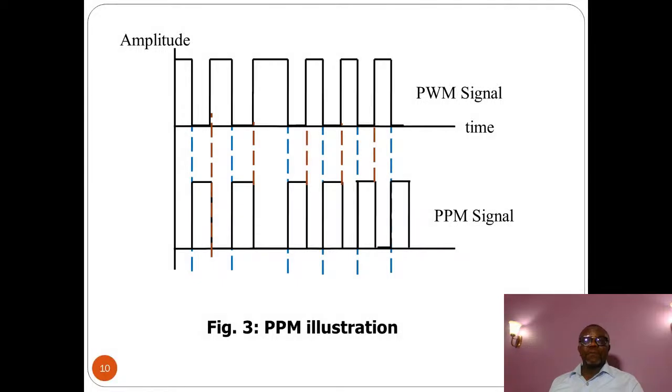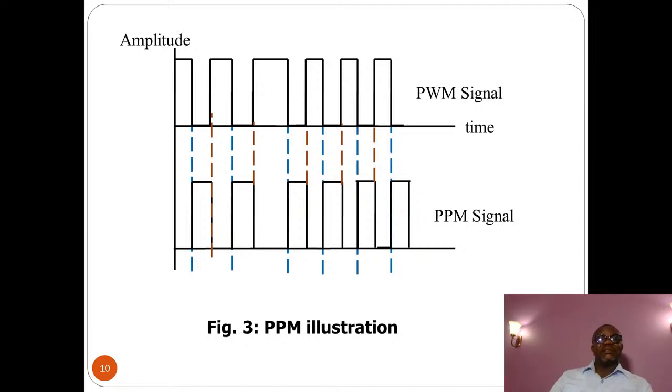Look at it. So now, when you get the pulse width modulation done, then to get PPM, you can see that at the end of every trailing edge, the PPM signal starts to pick the pulses. The first pulse trend up showing the PWM, the pulse width modulation, you see that at the trailing edge of the first pulse, denoted by dotted line blue, then the PPM pulse starts and rises.